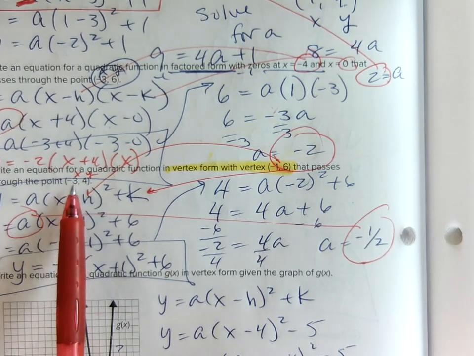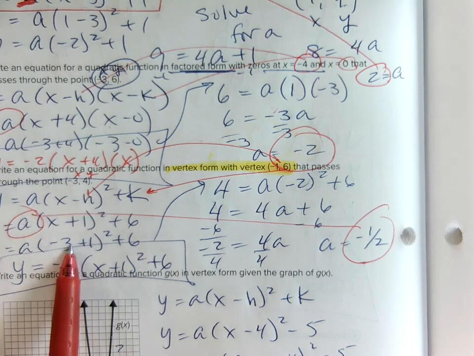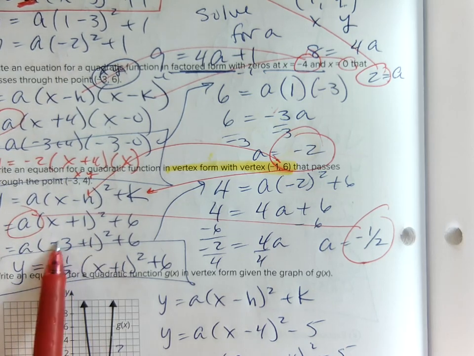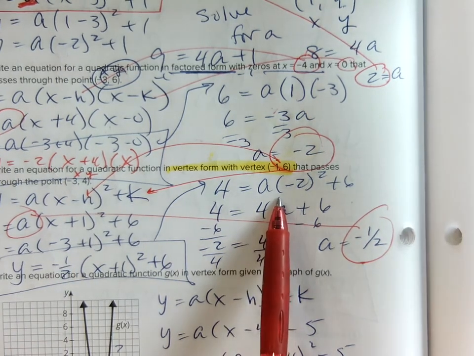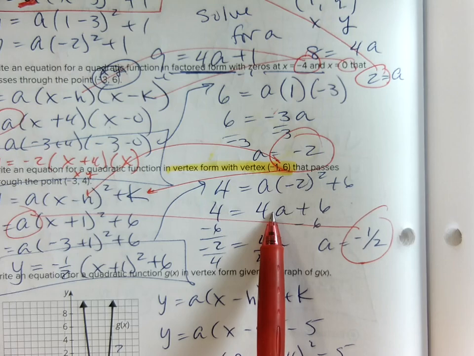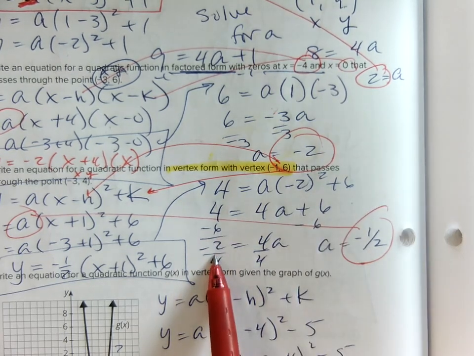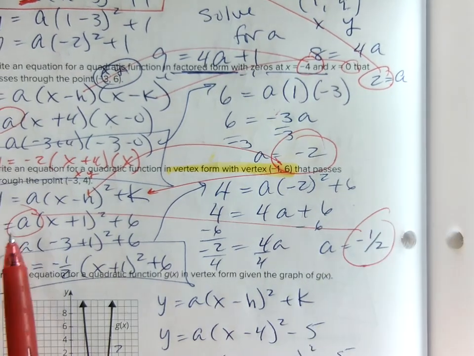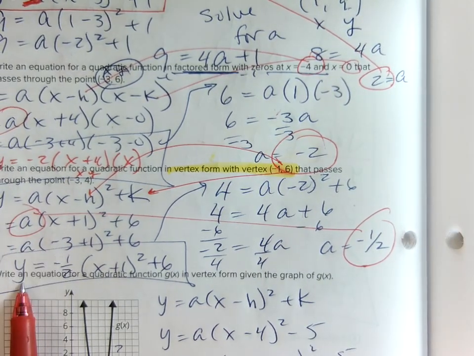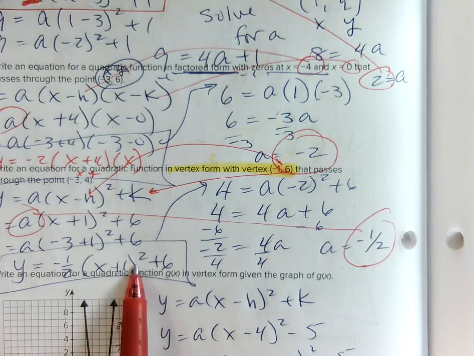So I plugged in my point, x, y, -3, 4. I simplified this. This is really going to be a -2. And then -2 squared is 4. Then I solved, -6 minus 6 gives me a -2. Divide by 4, and a is -1/2. So I take my -1/2, bring it right back there, and I rewrite my equation as y equals -1/2 times (x plus 1) squared plus 6.